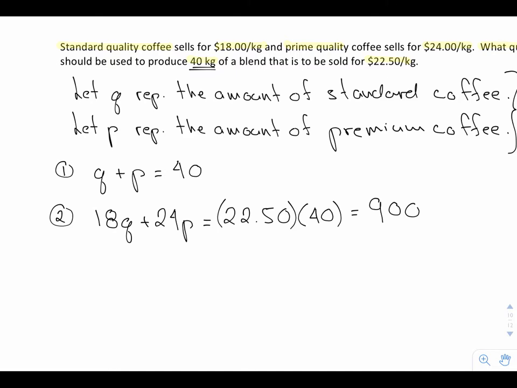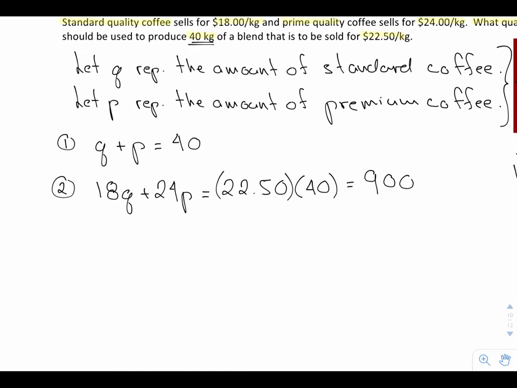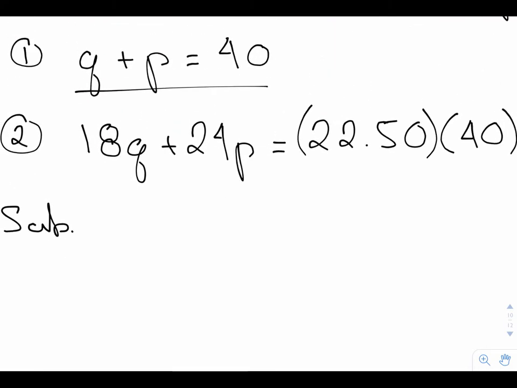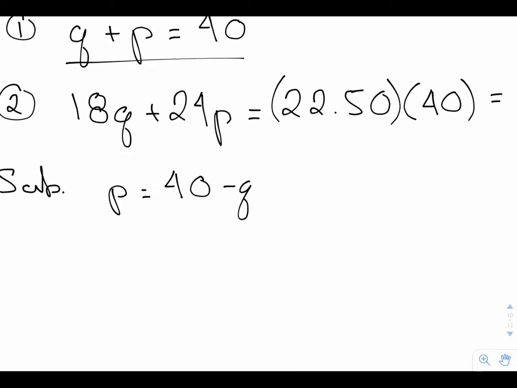Once you get to this stage, it's just about solving, and in this case, I think I'm going to use substitution because my first equation is very nicely stated in such a way that both P and Q don't have coefficients in front of them. So let me rewrite the P in terms of Q. I'm going to write P is equal to 40 minus Q because I'm subtracting Q from the other side, and I'm going to plug it into this equation here.